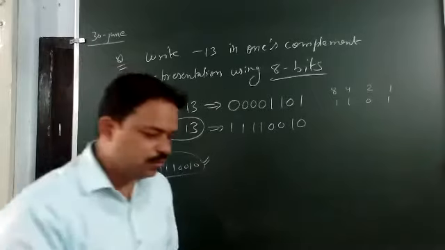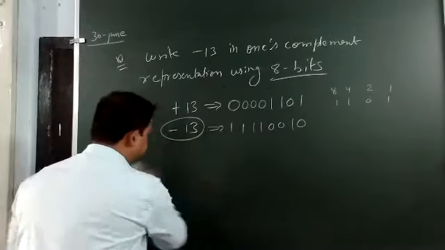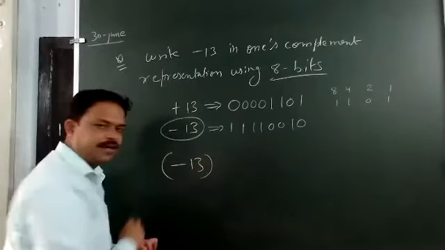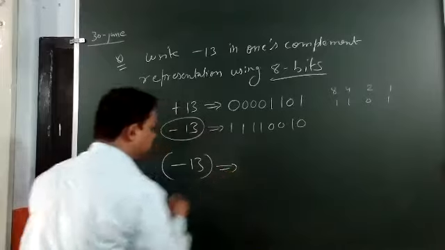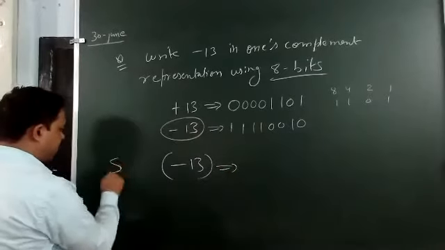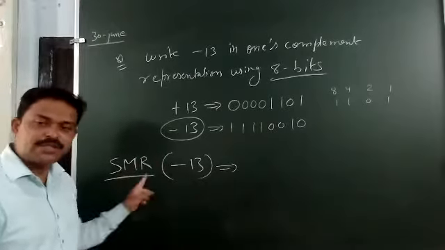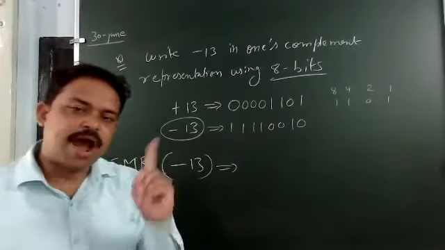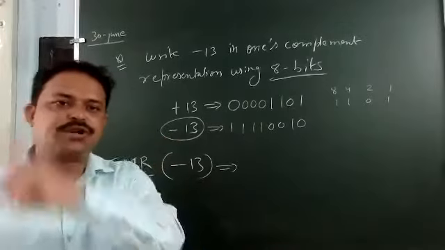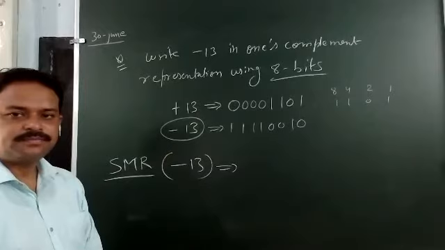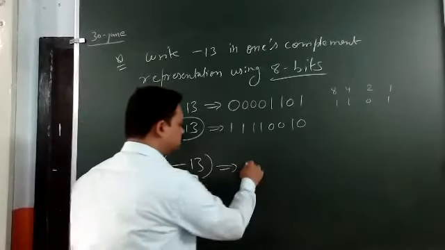Suppose if I say to you, write down minus 13 in sign magnitude representation. How will you write minus 13? It is a negative value, so 1.